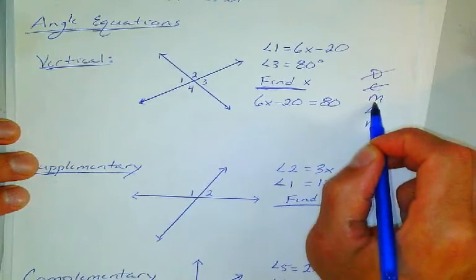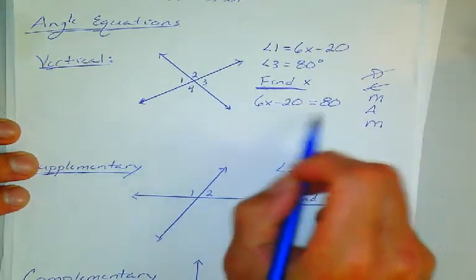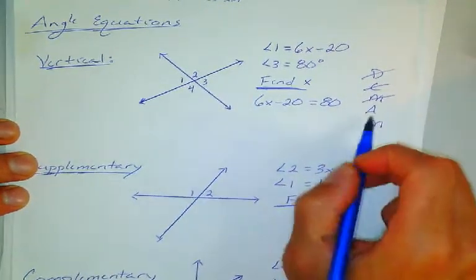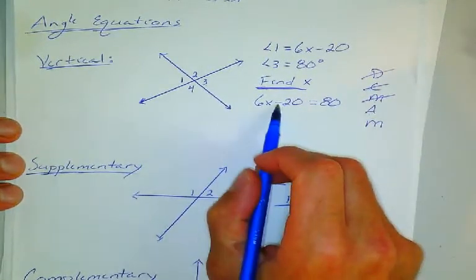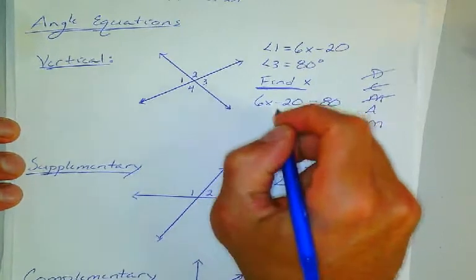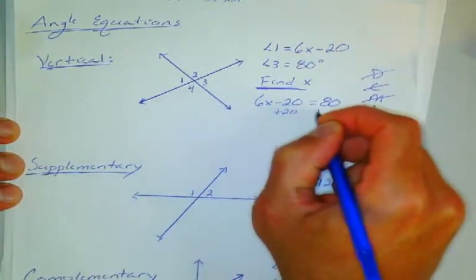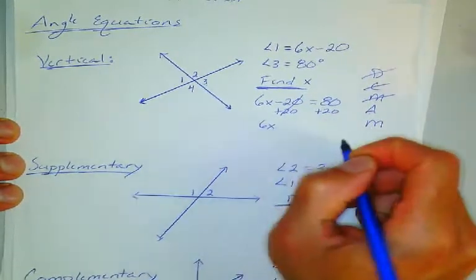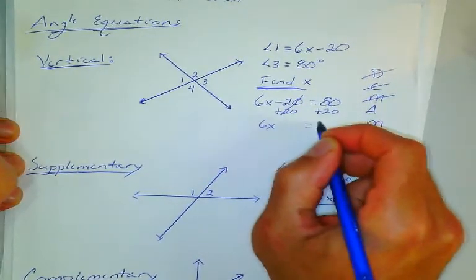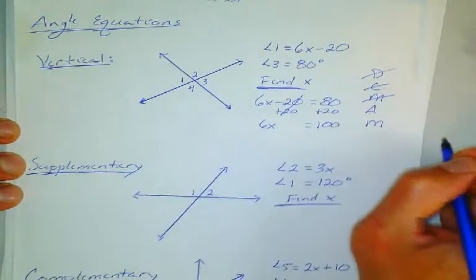M for move. You only move when x is on both sides. There's no moving here. A for undo addition or subtraction. I've got minus 20, so I have to undo it by adding 20 to both sides. Zero pair. I'm left with 6x on the left equals 100 on the right.